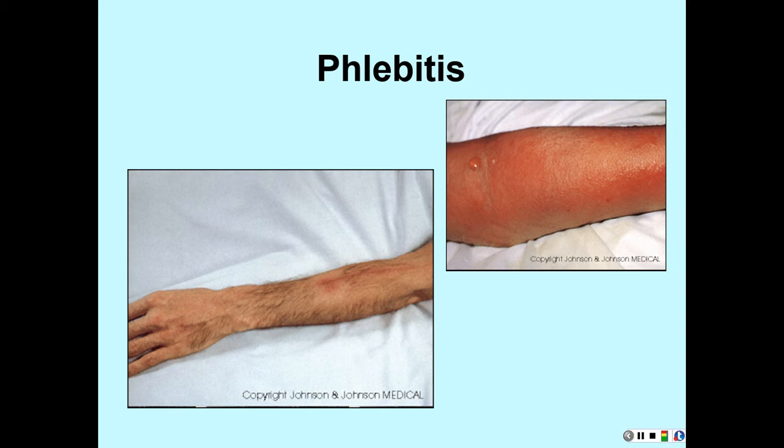So what do we do when we have phlebitis? The first thing that you're going to do is stop the IV. You're going to DC the IV catheter. And you need to put warm, moist compresses on the IV insertion site. If it's swollen, you can elevate it.